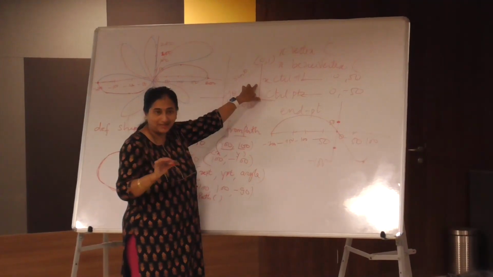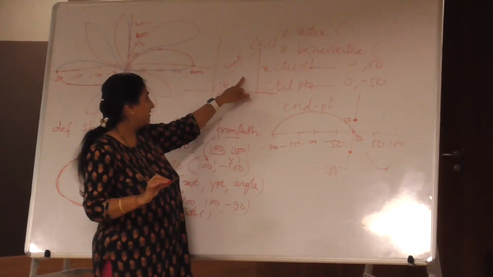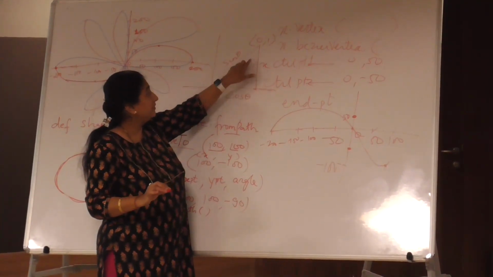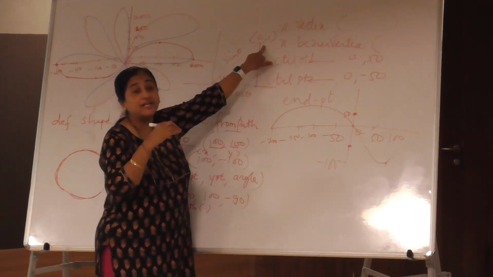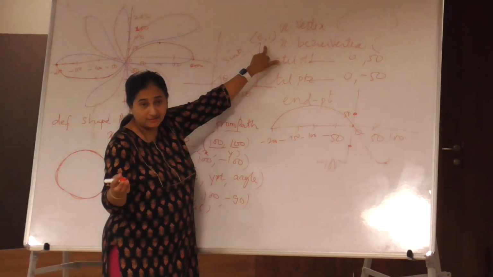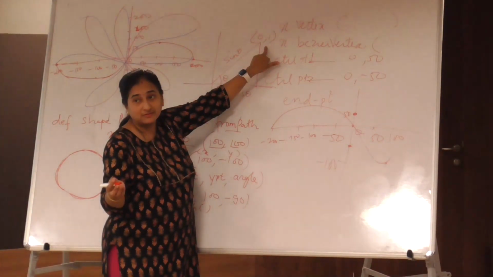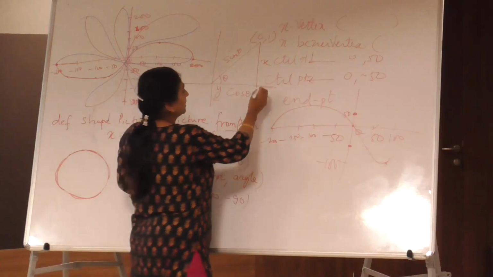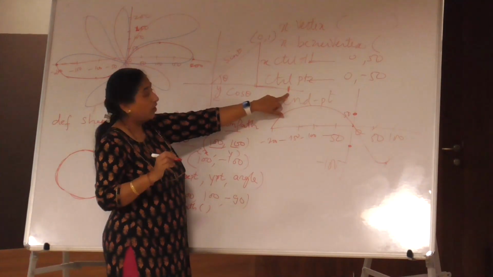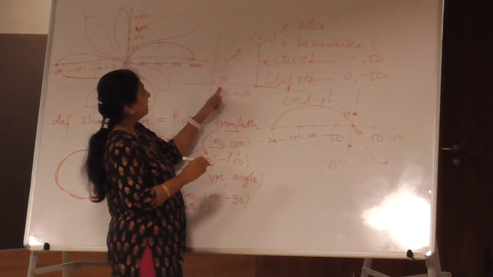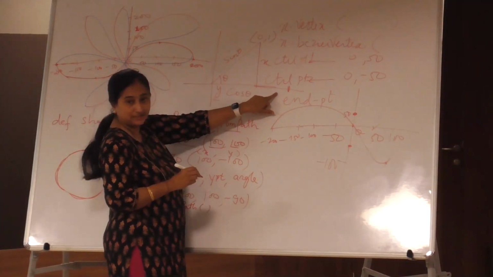Whenever we want to find by how much this particular point has moved, I will have to multiply the value over here times this distance.